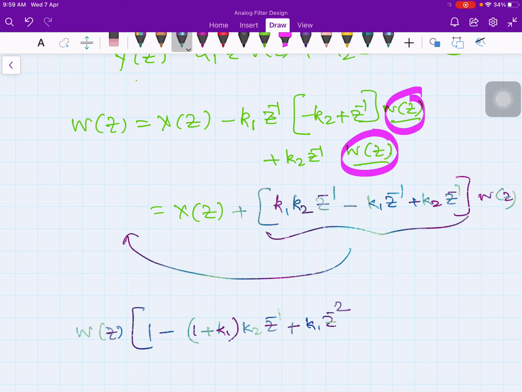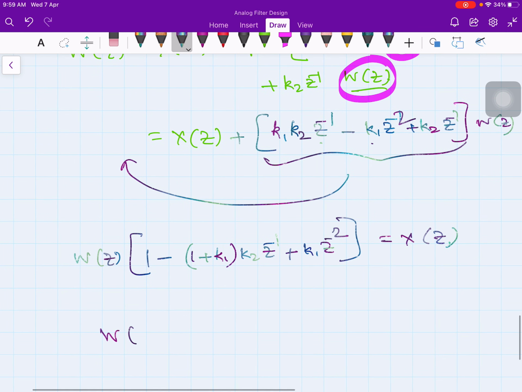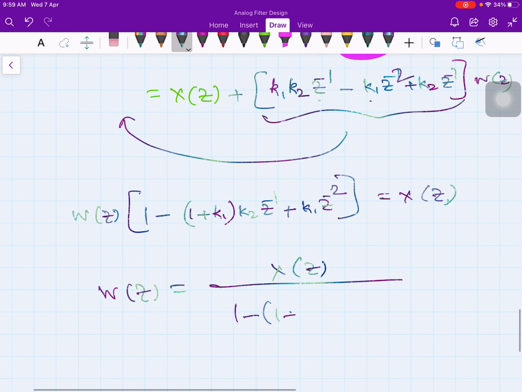I made a mistake here somewhere. k1 k2 z inverse, okay, k1 z to the minus 2, this is equal to x of z. Therefore w of z is equal to x of z divided by 1 minus 1 plus k1 k2 z inverse plus k1 z to the minus 2.